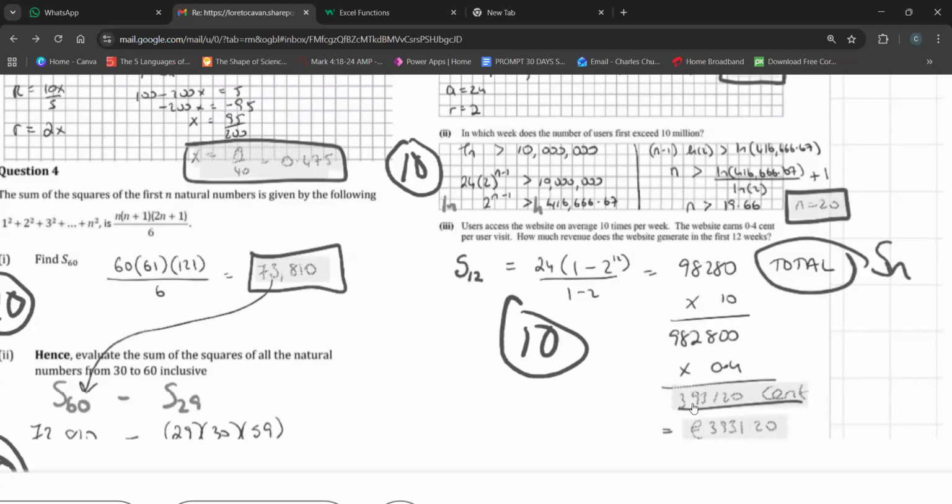The common difference is... okay, it's a common ratio. 54, 48, the common ratio.